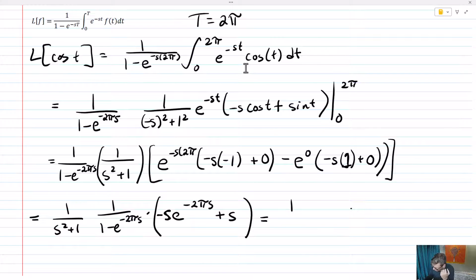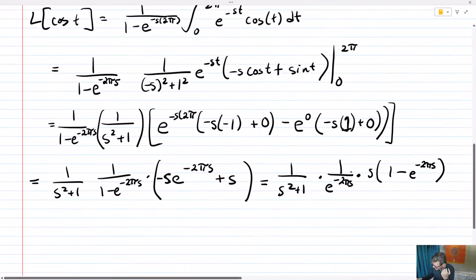And when I rewrite that, I get 1 over s squared plus 1 times s times 1 minus e to the negative 2 pi s, over 1 minus e to the negative 2 pi s.